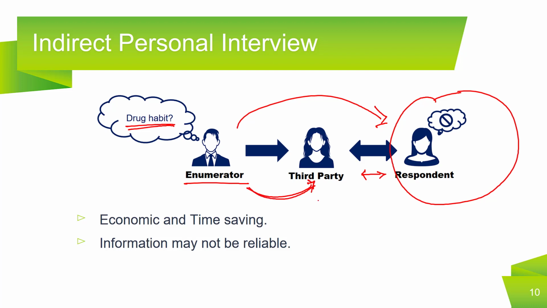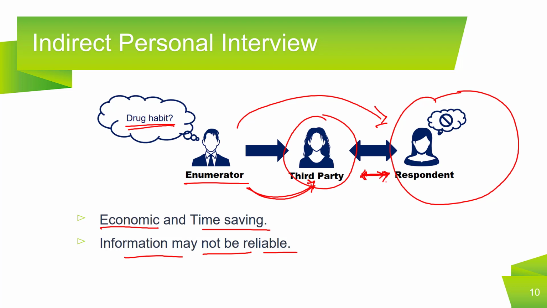So this enumerator will go to this third party. This third party will provide the information about the respondent. The enumerator here is directly going to this third party, so that's why it is primary data. This is economical and time saving, but the information may not be reliable.